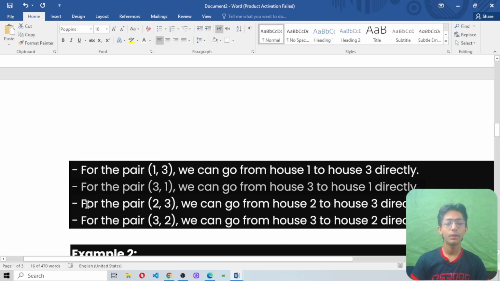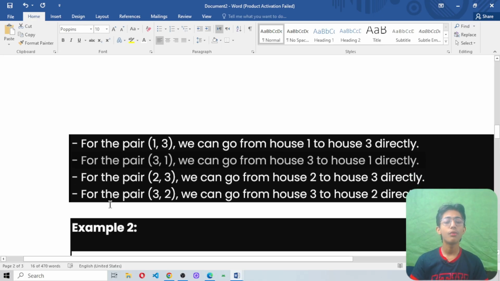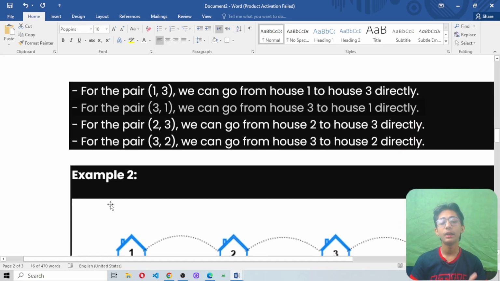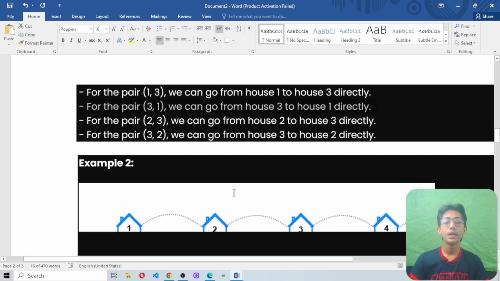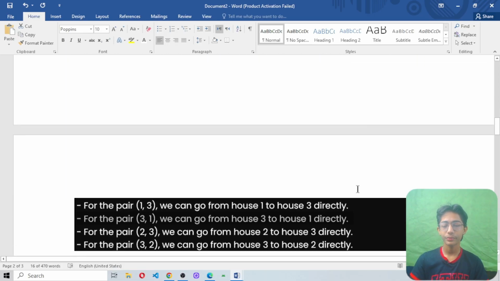Number 4, for the pair 3, 1, we can go from house 3 to house 1 directly. For the pair 2, 3, we can go from house 2 to house 3 directly. In the last pair, for the pair 3, 2, we can go from house 3 to house 2 directly. So that's why the output is 6 0 0.